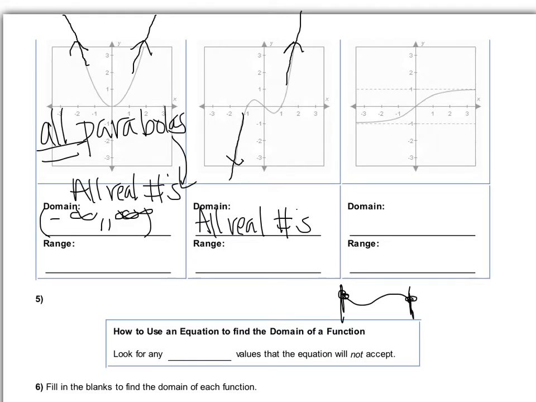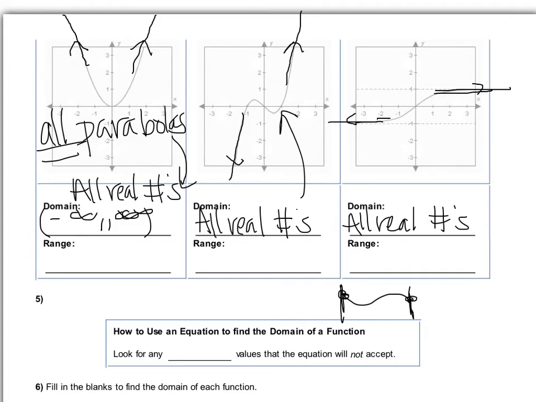All right, and then if we look at our last one, again, there should be arrows here, and this one's a little bit easier to see. When you see something like this, it means the graph is, again, going to continue. There are no arrows drawn there, but it will continue. And so its domain, again, is all real numbers. Anytime you have a cubic, like this one, its domain will always be all real numbers.